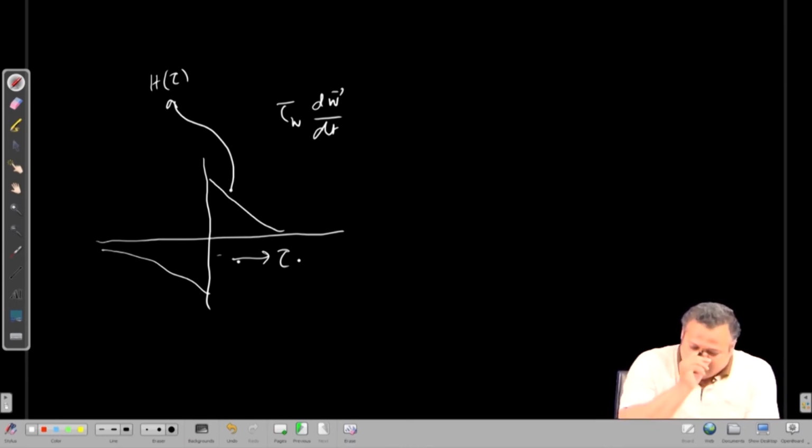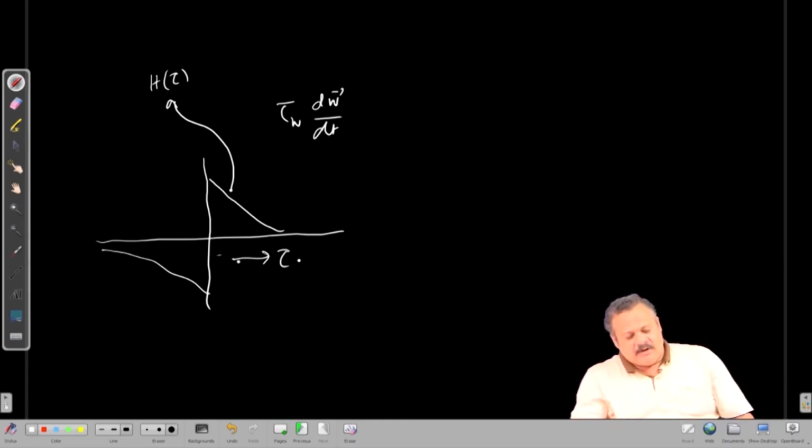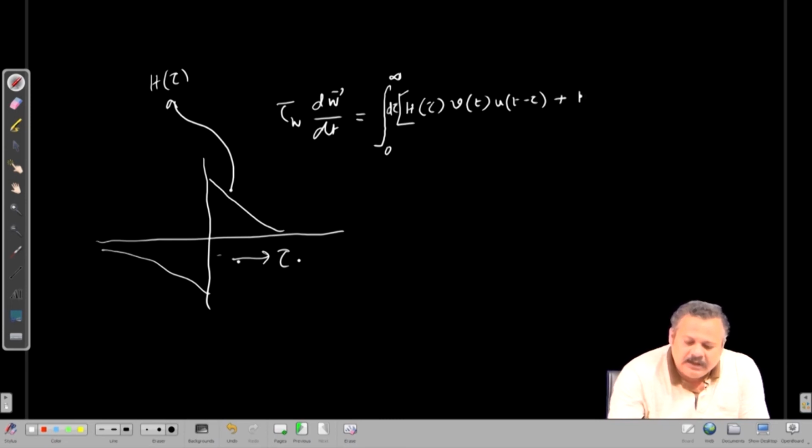So, if we assume that over time all the spike time differences are actually getting implemented, and there is continuous spiking going on, in terms of the probability of spiking occurring, the ensemble average, then this dw dt can be represented by a sum from 0 to infinity of h tau times v t and u t minus tau, d tau, plus h of minus tau v of t minus tau u t.